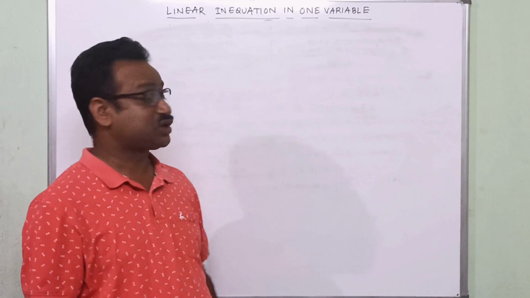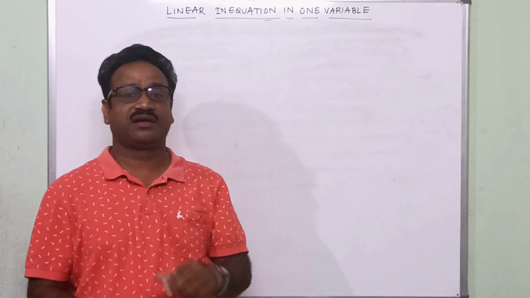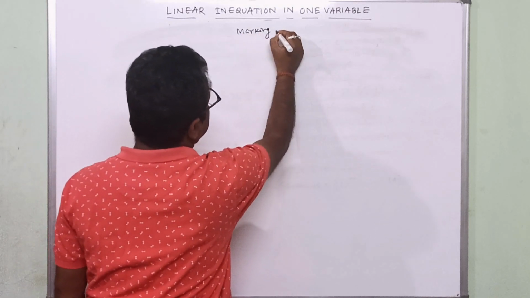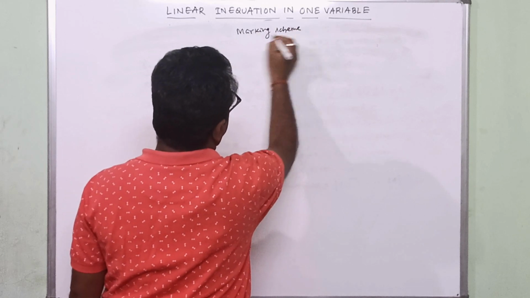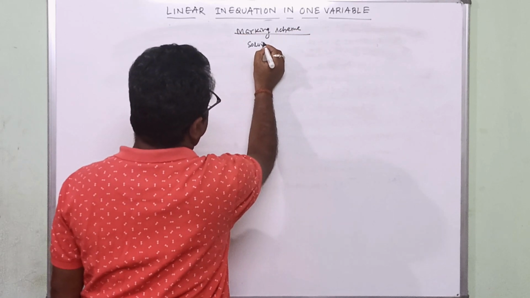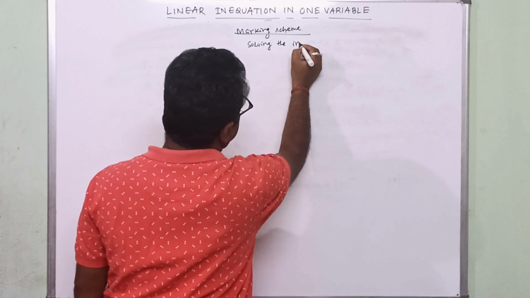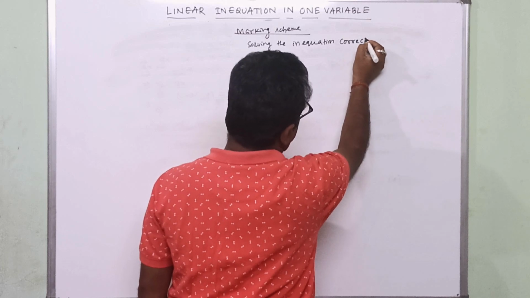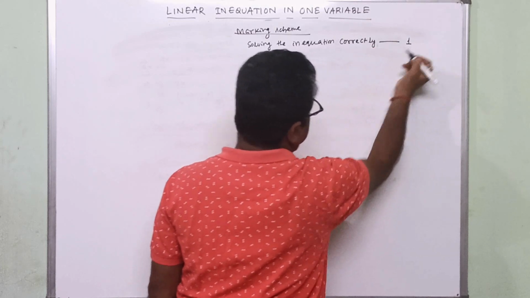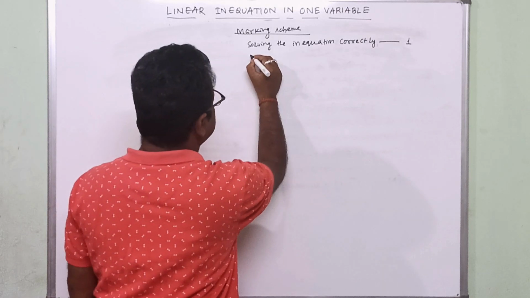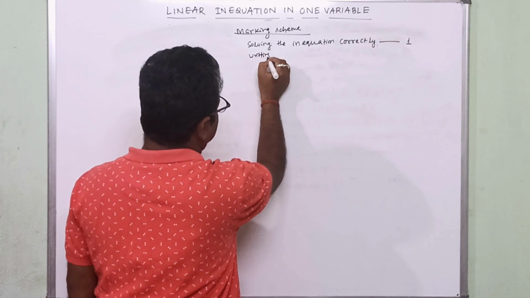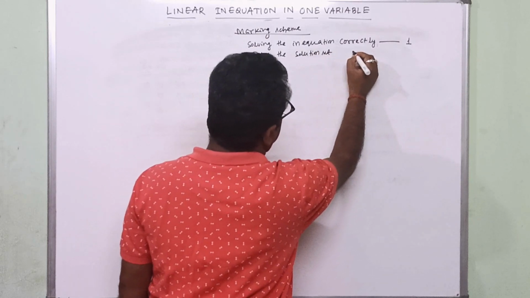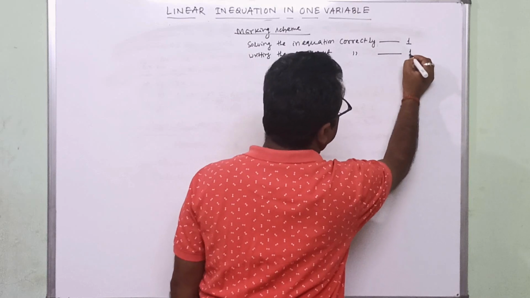So, how is the distribution of marks done in this question of inequation? The marking scheme: first, solving the inequation correctly, you will be awarded 1 mark. Second, writing the solution set correctly, that will be 1 mark.